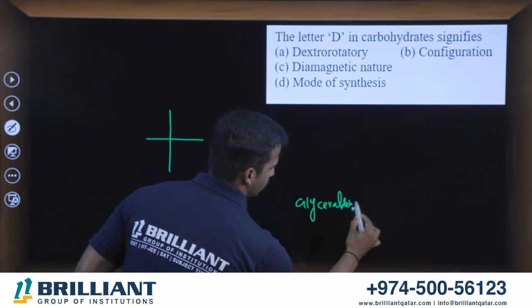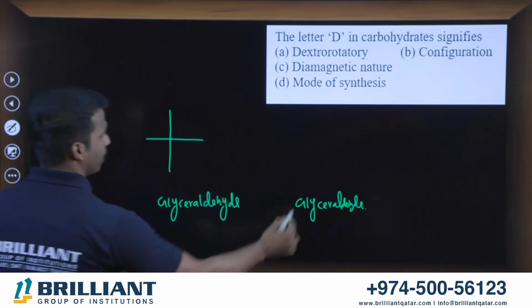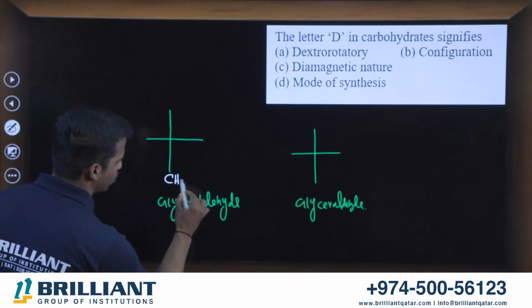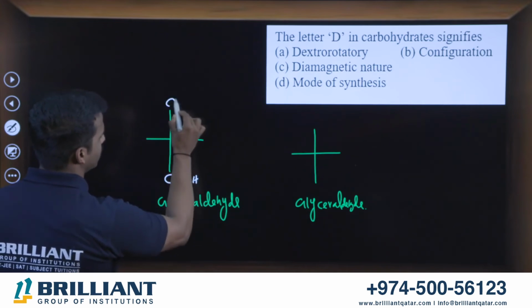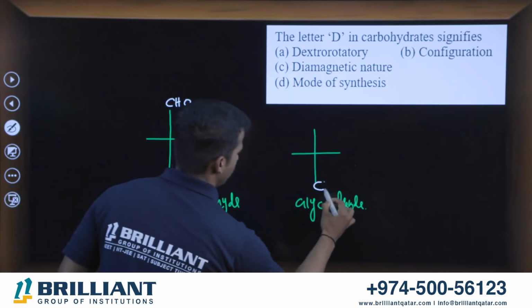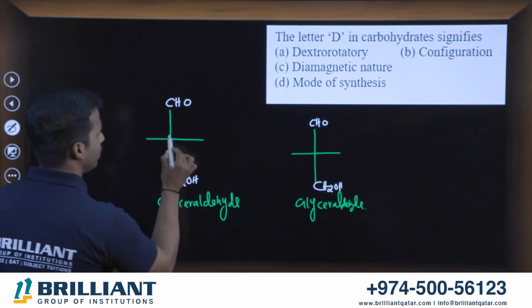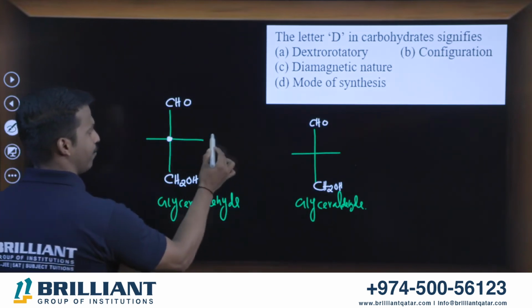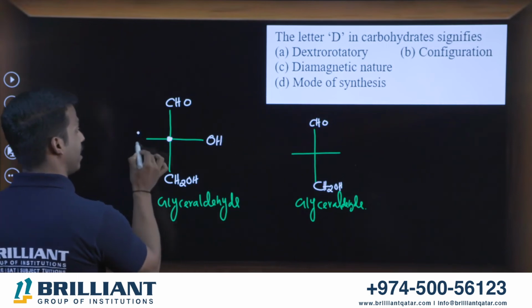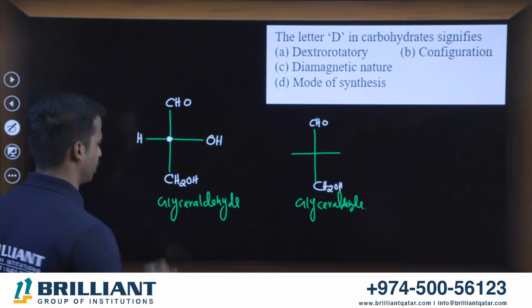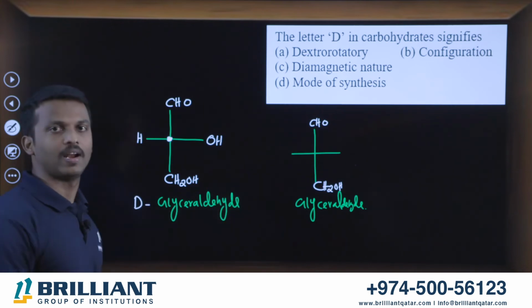In glyceraldehyde, the bottom carbon is CH2OH and the upper one is the aldehyde. Here also CH2OH and here the aldehyde. On the central carbon atom, if the OH group is on the right side and hydrogen on the left side, then it is called D configuration. Therefore, it is called D-glyceraldehyde.